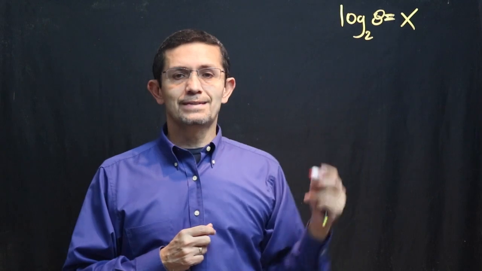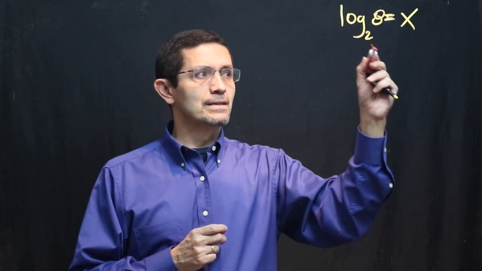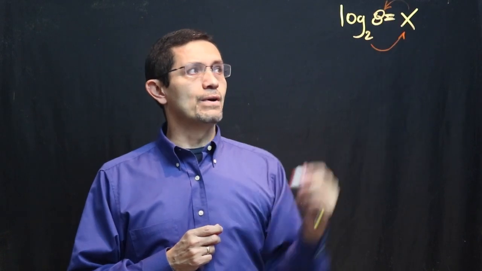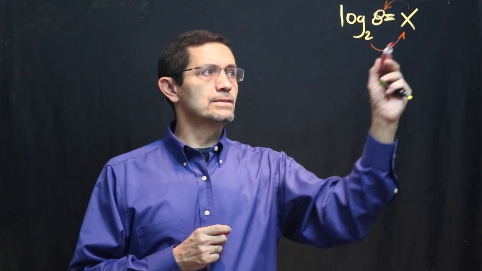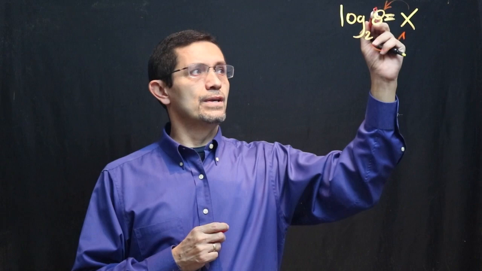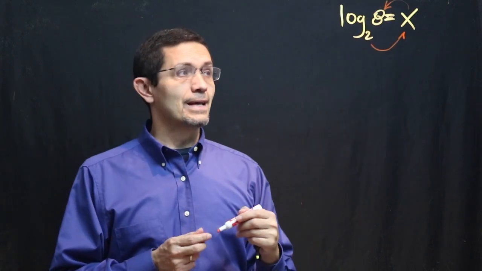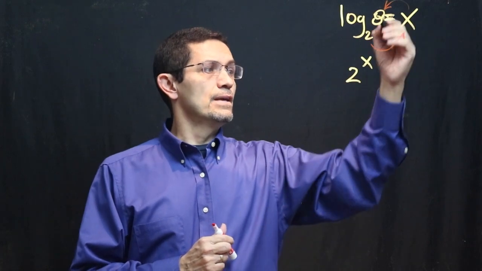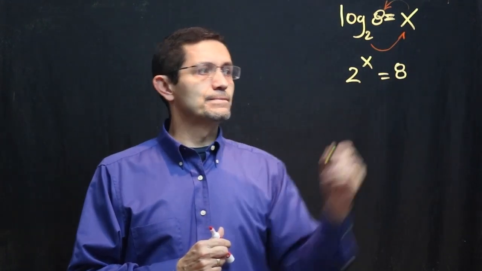I take my base, raise it to my answer, equals my argument. Again, base to the answer equals my argument. So this as an exponential is going to be 2 to the x equals 8.